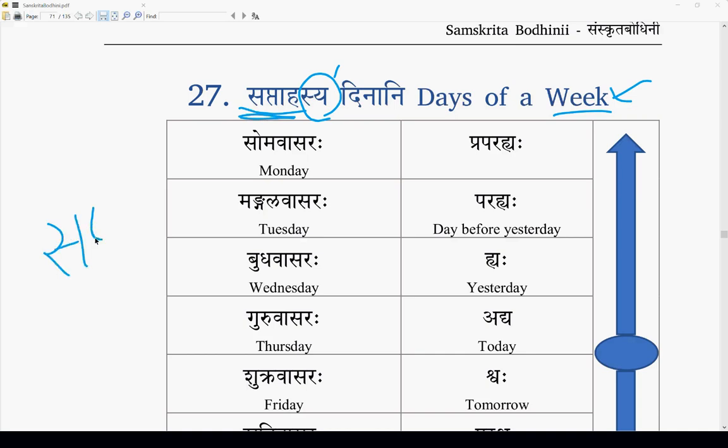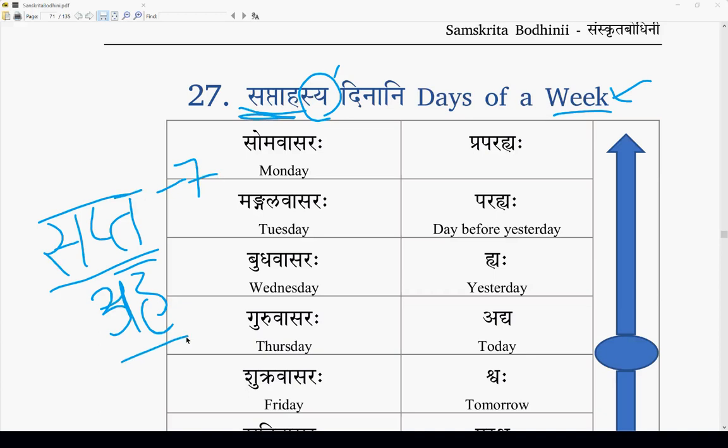So we have two words here: Sapta plus Aha. Sapta is 7, which if some of you are not familiar with, we'll see. Aha means day.